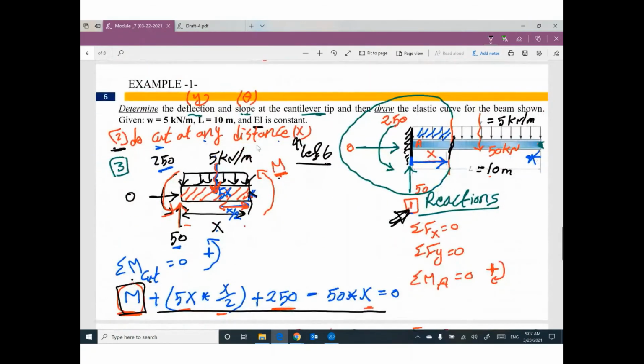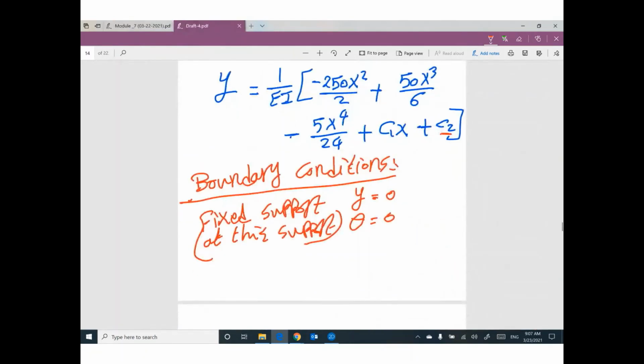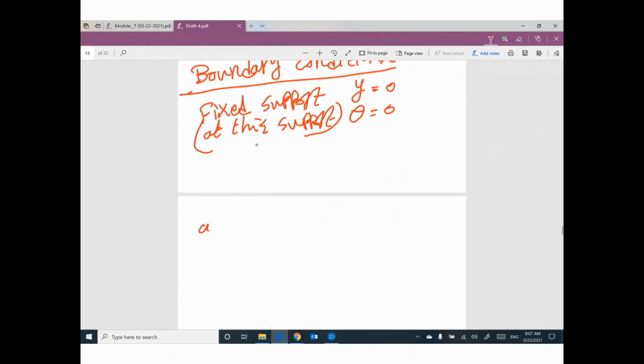Do you know what is the value of x for this fixed support? Do you know how I can reach this fixed support? What is the distance x? Yeah, I know. I can say at x equals 0.